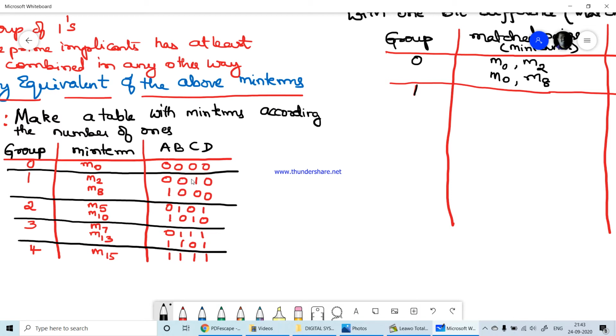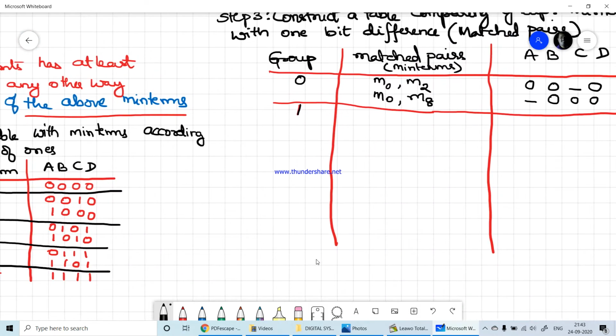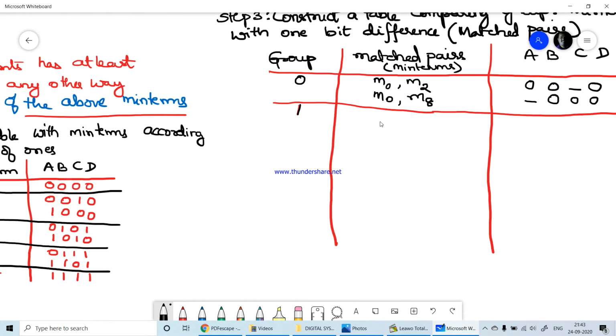You have a 3 bit difference between M2 and M5, so M2 and M5 cannot be matched. M2 and M10: 0 0 1 0 and 1 0 1 0. Only the first bit position is different, therefore I can group M2 with M10. So I'll write here M2, M10.